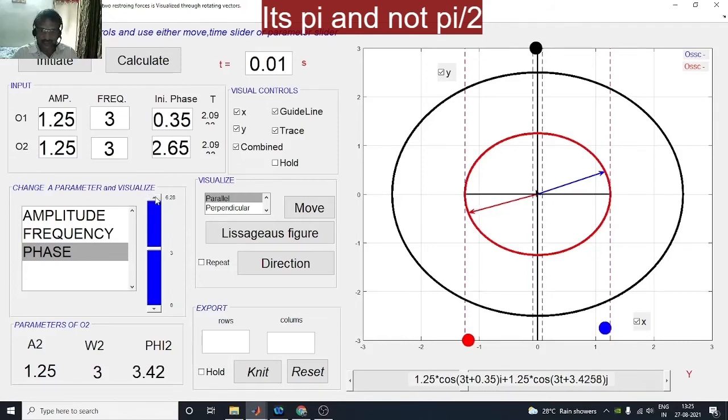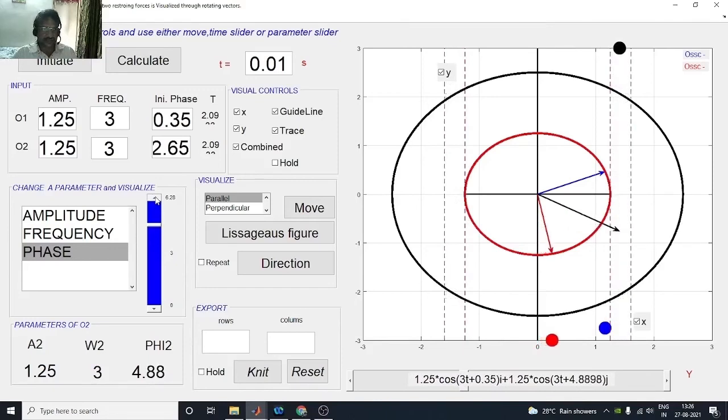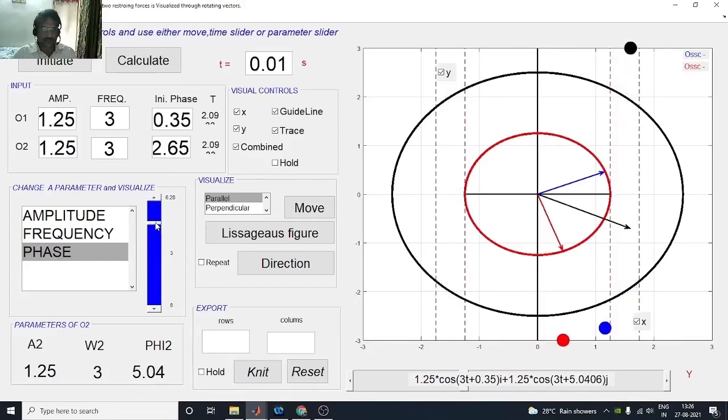It is changing, decreasing. It is very small, and this is 0. So at this point it is 0, and then again it increases. So the initial angle and the amplitude depend on the amplitudes and initial phases of the individual oscillators, and the resultant motion would occur with the same frequency as the frequency of the individual motions.